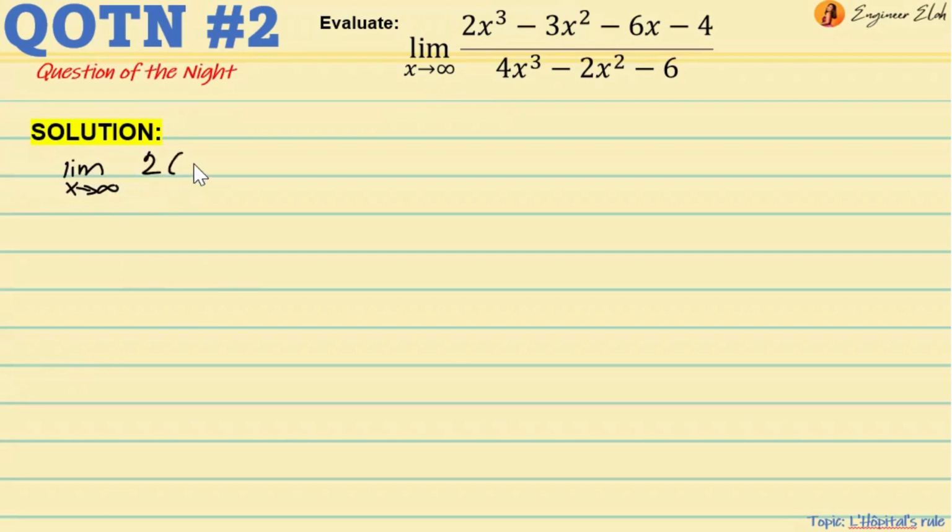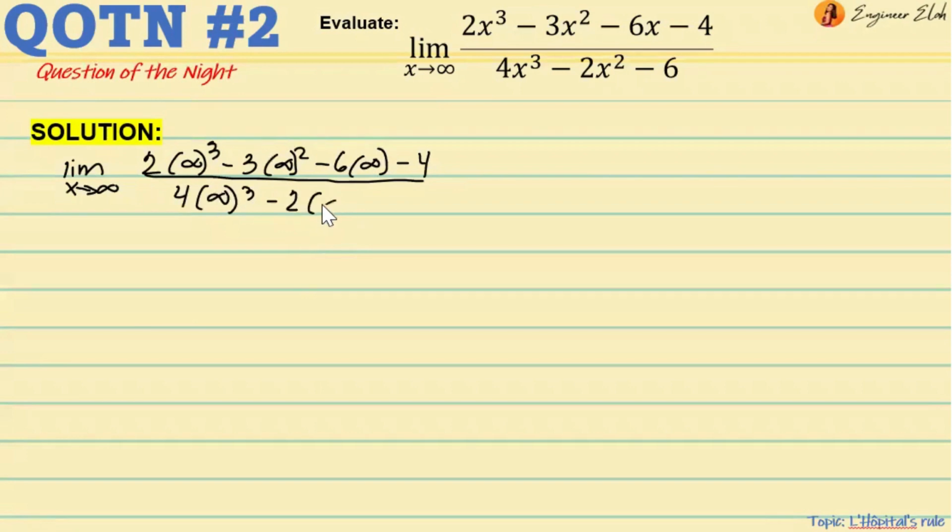Ayan, so substitute lang natin 2 infinity cubed minus 3 infinity squared minus 6 times infinity minus 4 all over 4 infinity cubed minus 2 infinity squared minus 6. So as you can see, the value for the numerator is infinity and also for the denominator. So this one is an indeterminate form. Okay, so what we need to do is to differentiate this function. Okay, so let's do that.